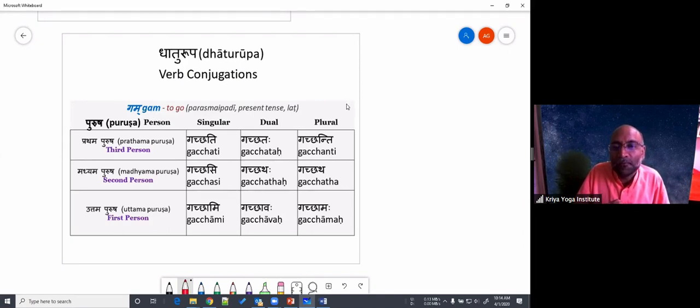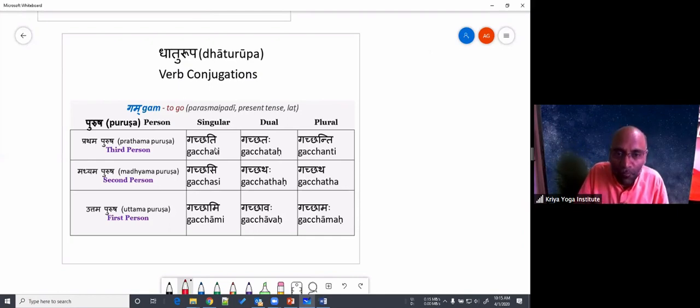Just like in nouns, when we have a form, we have which case, what is the gender, and what is the ending. These are the things which are important to identify a noun form.